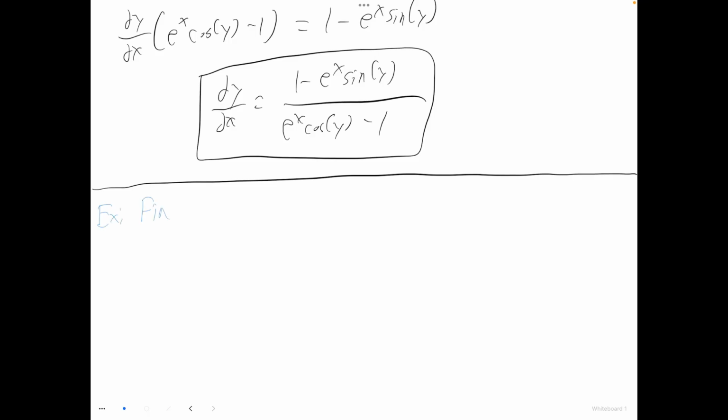So we want to find y double prime if we have x to the fourth plus y to the fourth equals 16. And so what we're going to do is first take the first derivative of each side. So we take the derivative of x to the fourth plus y to the fourth, which is 4x cubed plus 4y cubed y prime. And we take the derivative of 16, which is 0.